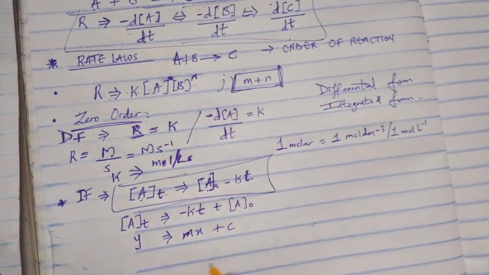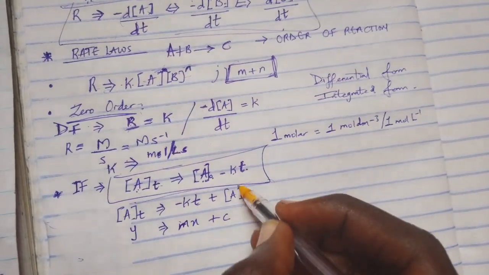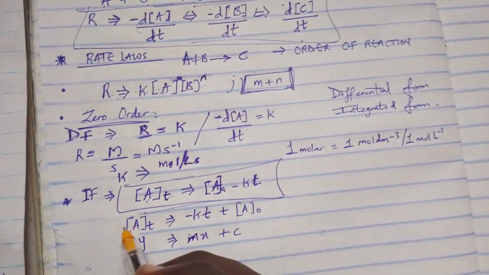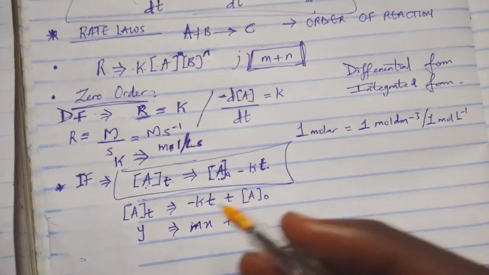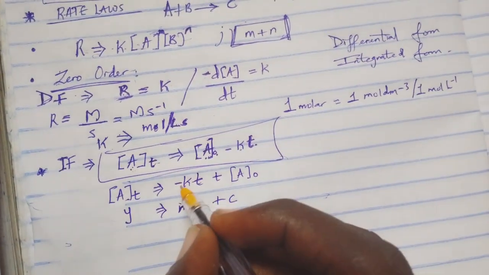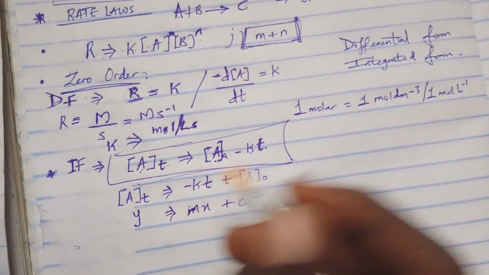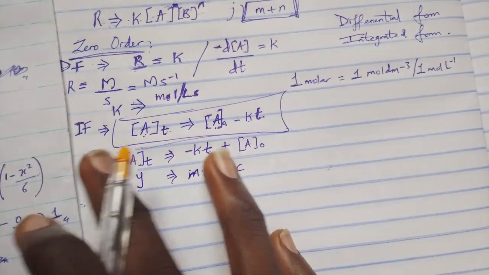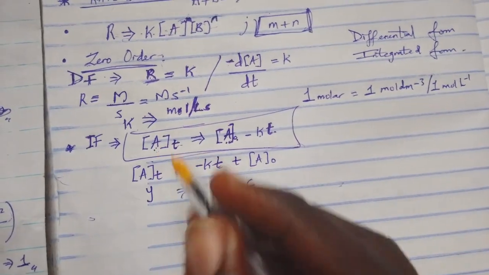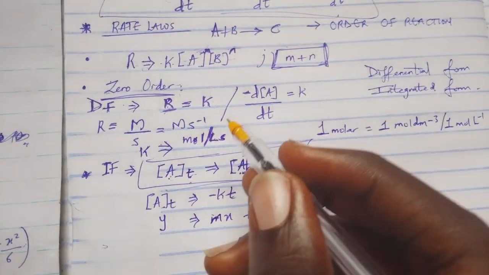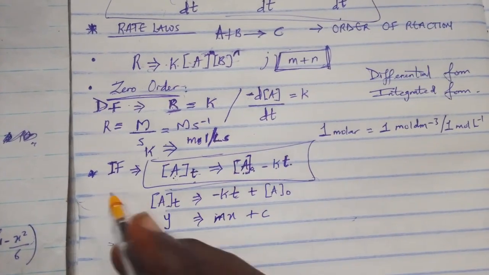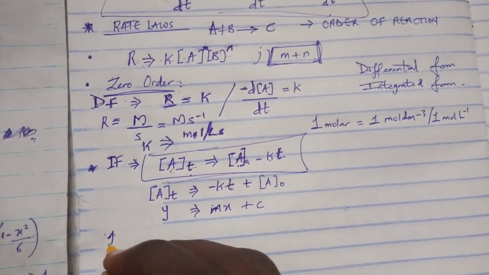From here you can see this is your intercept, because they might ask a question on which is the intercept when this is plotted against time. And your slope is always negative, like negative k. So that's the basic thing to know under this zero order. And know that zero order does not depend on the concentration of the reactants. Now let's look at the first order.